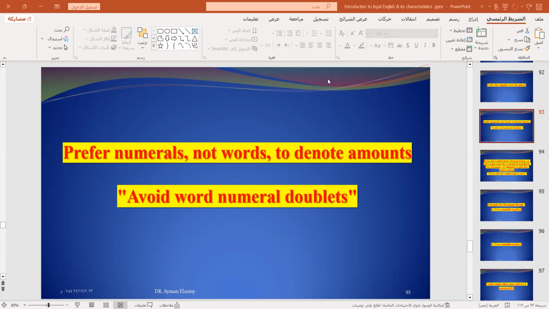The second exception is for dollar amounts in millions and billions.